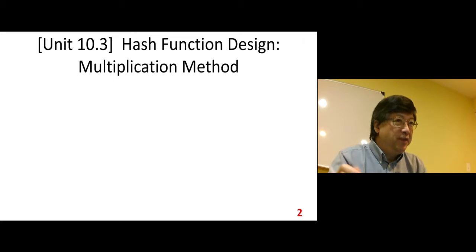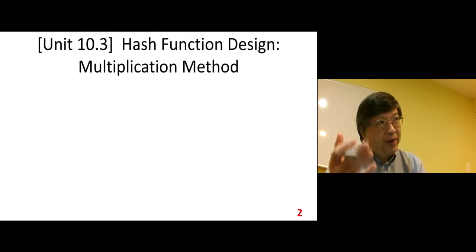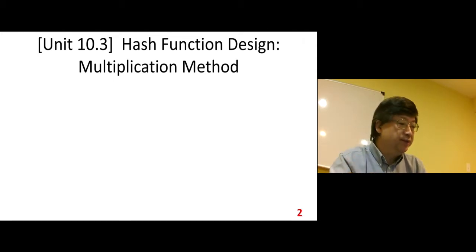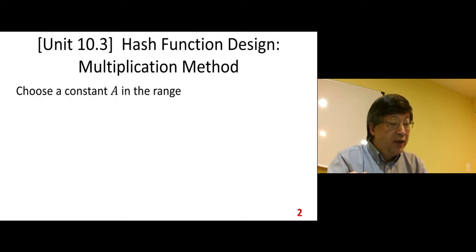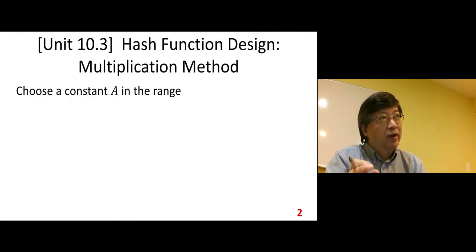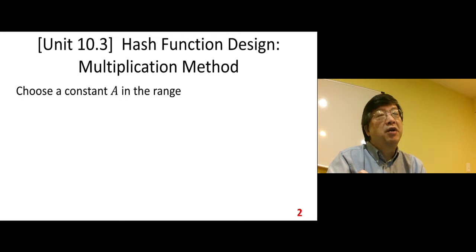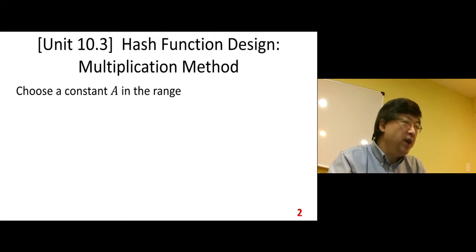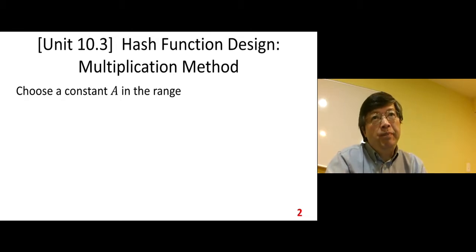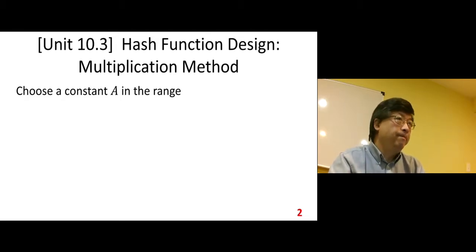Let's look at the multiplication method. So, division method, multiplication method. Remember, the main goal of our hash function design, other than fast calculation, the most important property we need: break any pattern in the data.